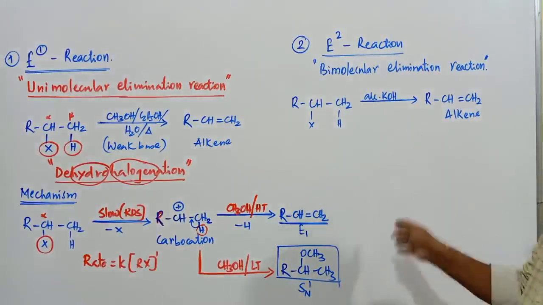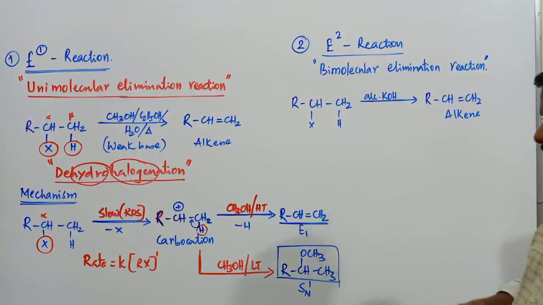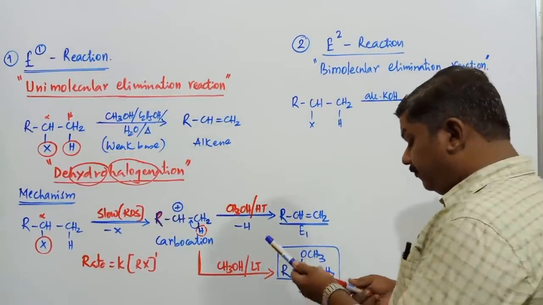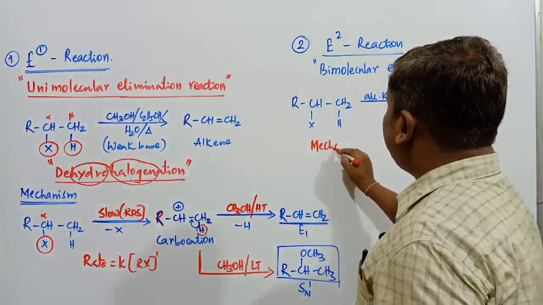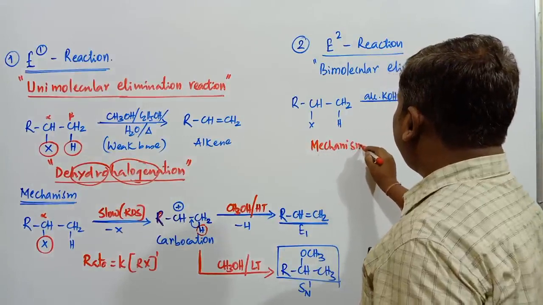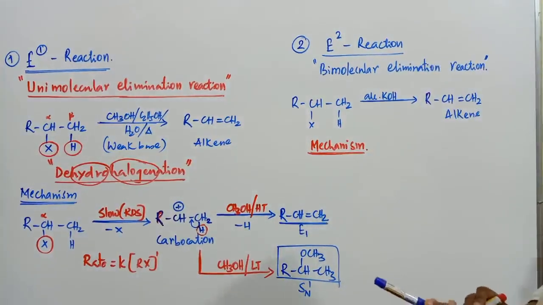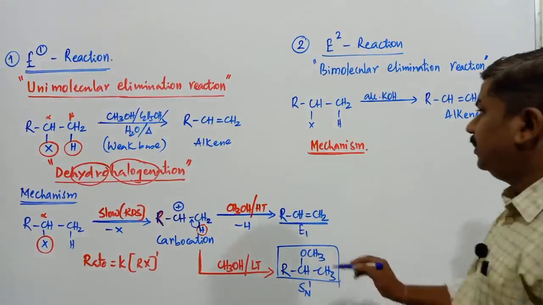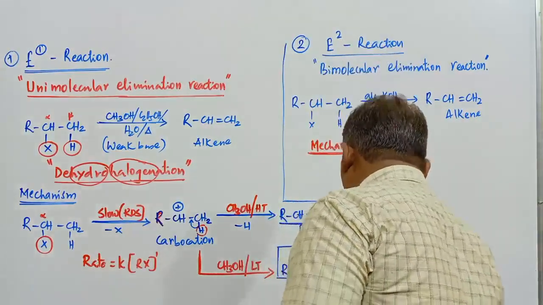Then what is the difference? This is also called dehydrohalogenation, no difference. But the mechanism, if you observe how this formation of alkene takes place, is proceeding in a different path. If you see the mechanism of this bimolecular elimination reaction or E2 reaction, I'll consider this part.